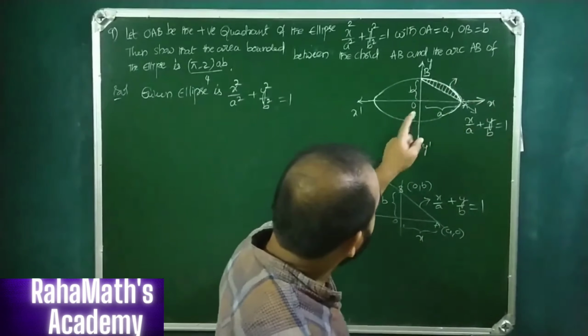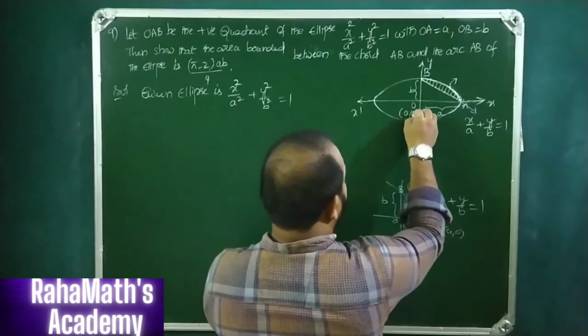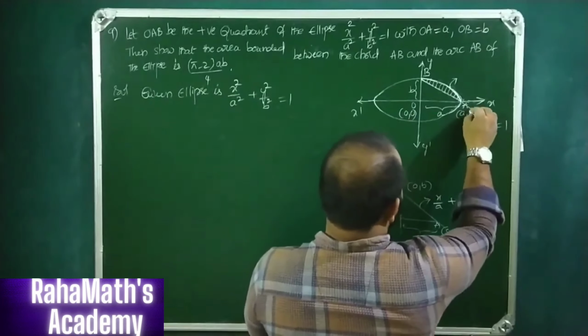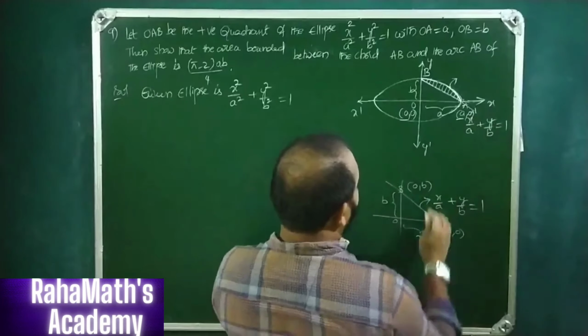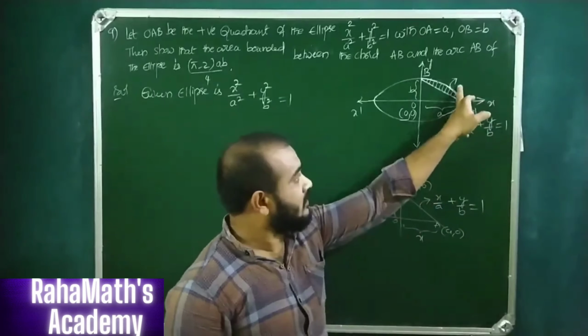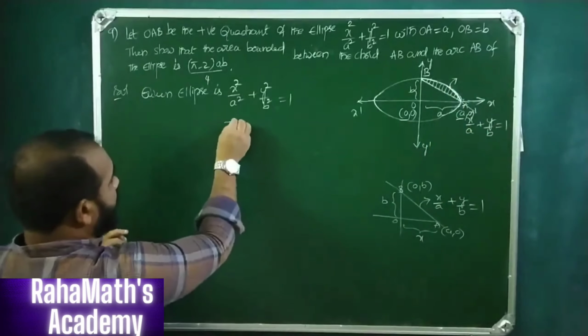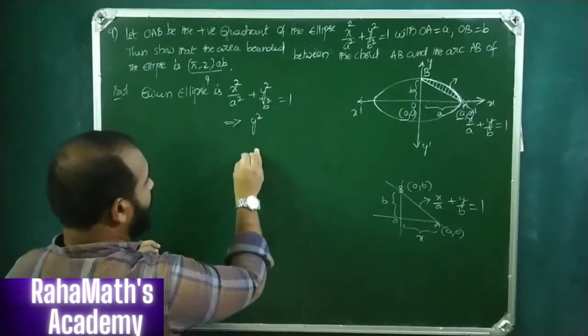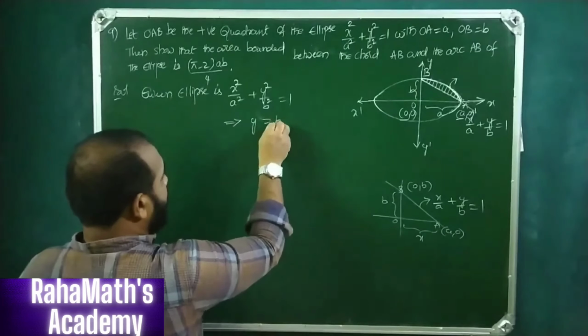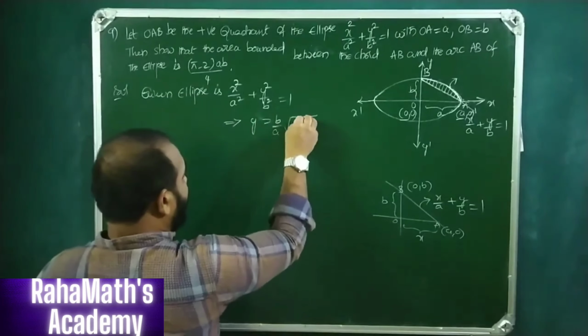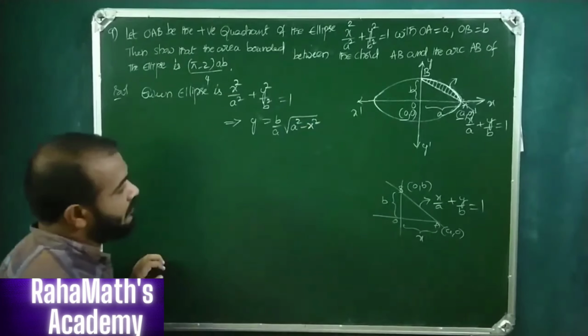Between 0 comma 0 and a comma 0, that means integral from 0 to a of y dx. So, y we want. In the last problem we discussed y equals b by a times plus or minus the square root of a square minus x square.